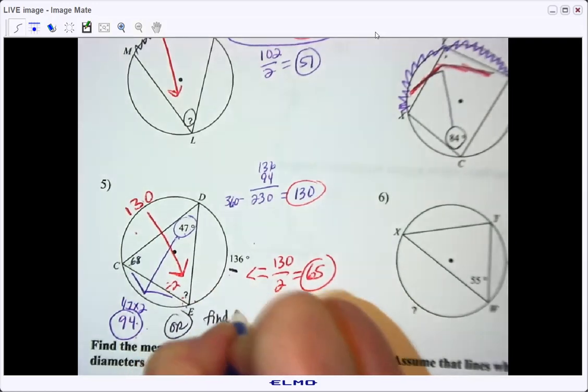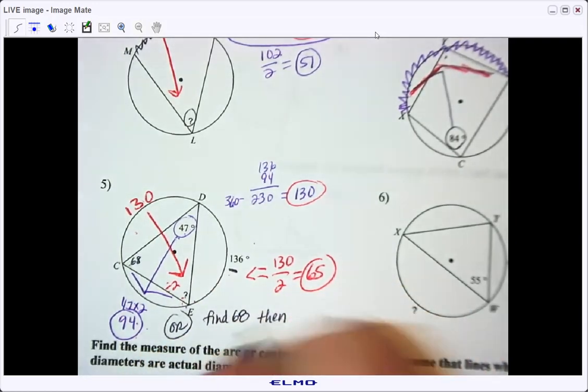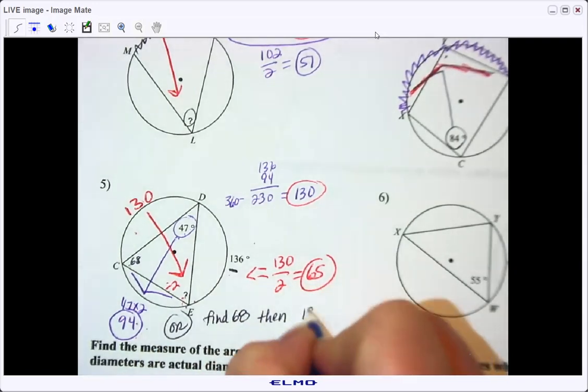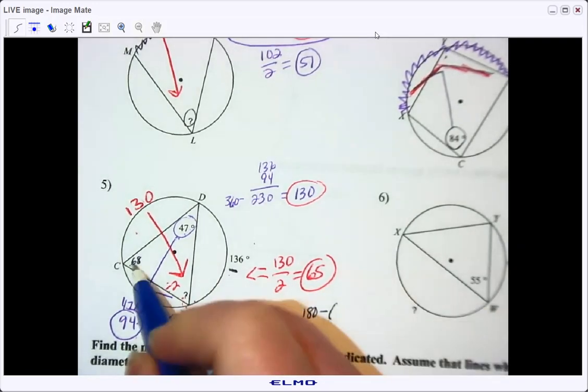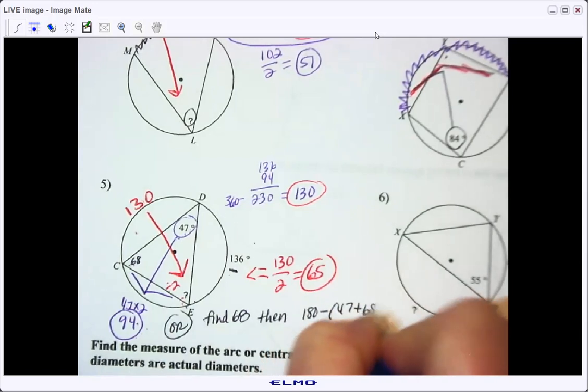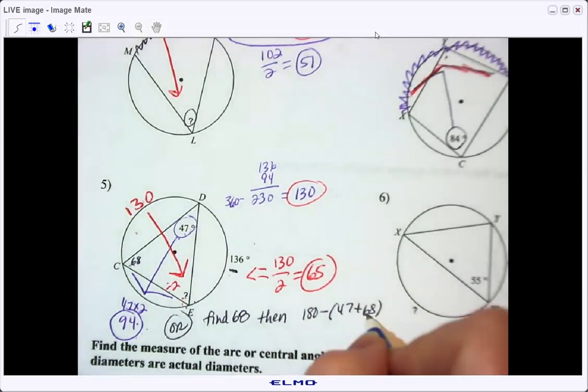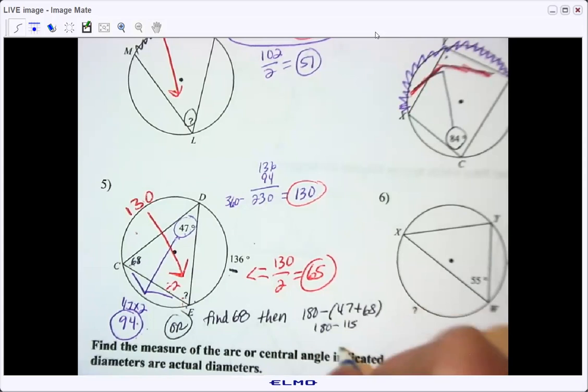Then it's 180 minus those two, the 47 plus the 68. Thank you, Eric. So 47 plus 68 is 115. So 180 minus 115 would also give me 65.